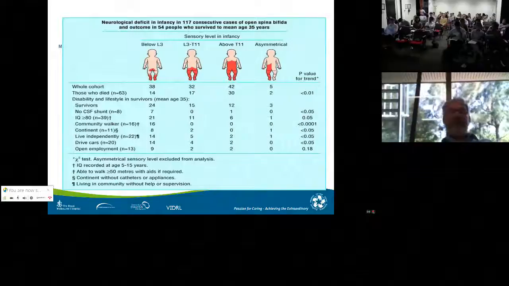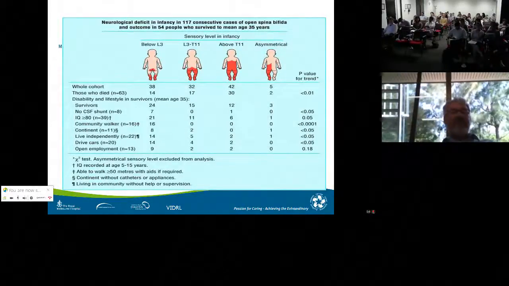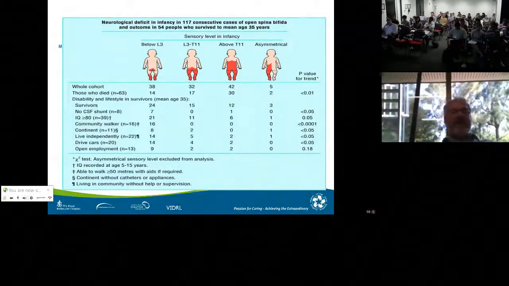But there is a significant issue in terms of CSF shunting, and those with the higher lesions have increased need for CSF shunts. Community walking was really for those below L3.